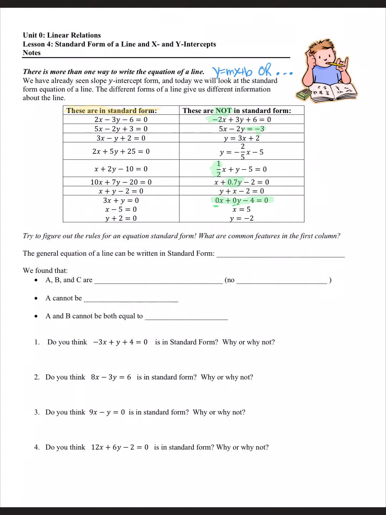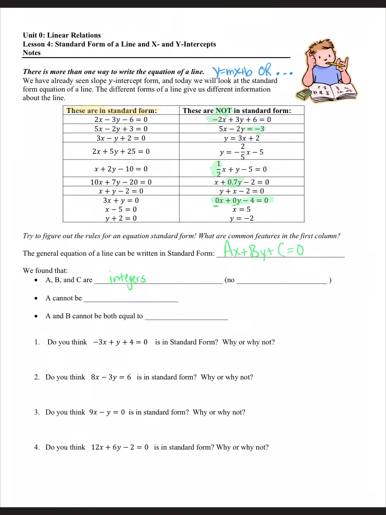So let's try to summarize some of these rules for standard form. First of all, the general formula for a line written in standard form is going to be ax plus by plus c equals 0. And we're going to summarize some of what we're seeing in that table above. So it says, in the table above, we found that a, b, and c are what we call integers.